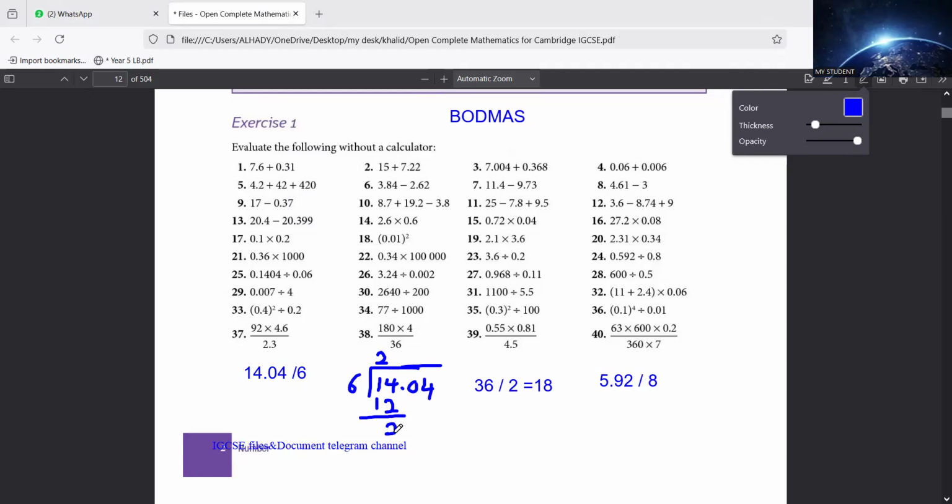Then this decimal point, we take it and we put it up. And then we put the 0 down. Then 20 divided by 6 is equal to... Do we have 20 in table 6?